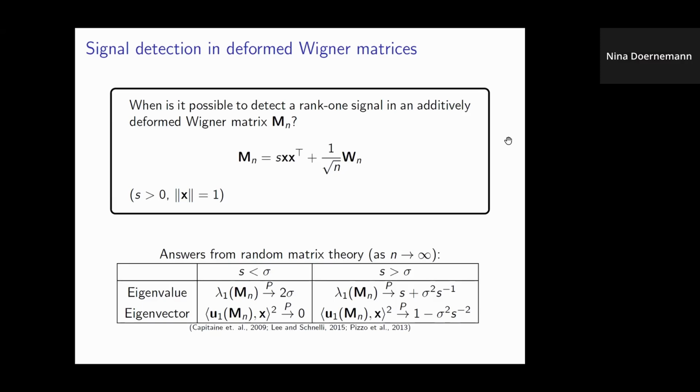On the other hand, if s exceeds this critical threshold, then the largest eigenvalue will converge to some function of s and sigma. So this time you can learn something about s, and also the angle between these two converges to a non-trivial limit. The formulas themselves are not too important for our talk.